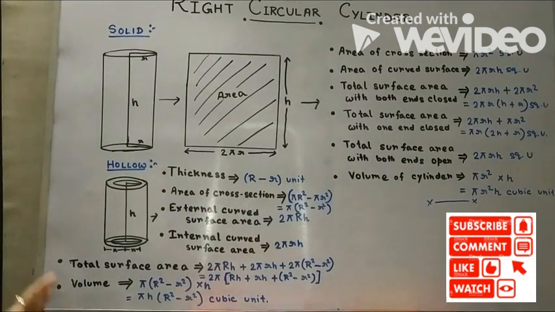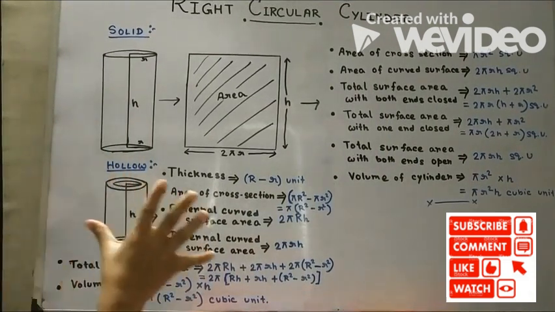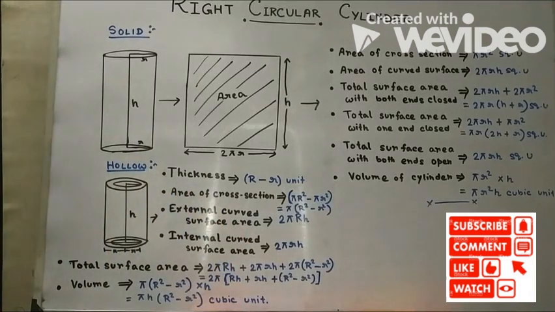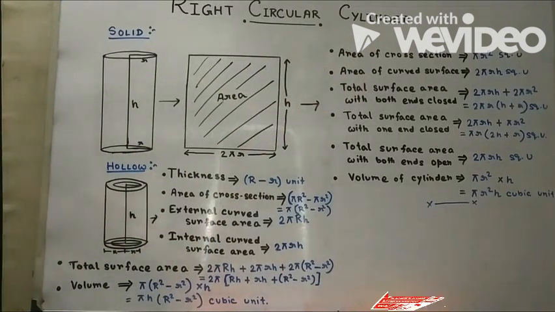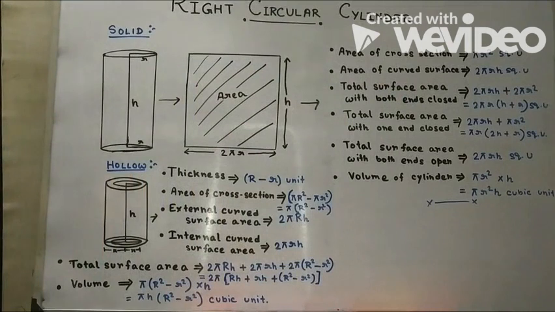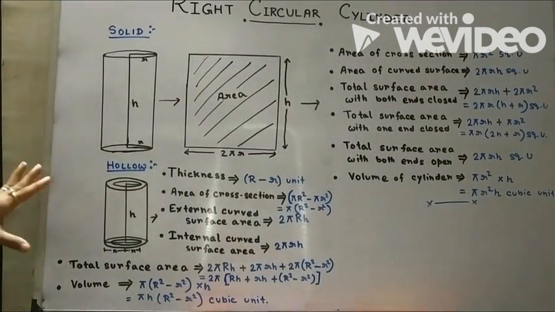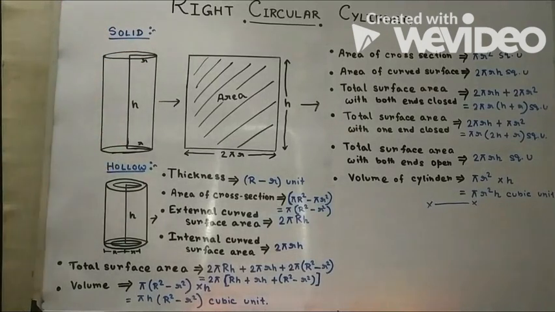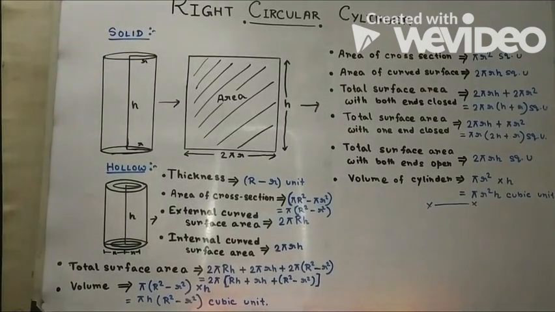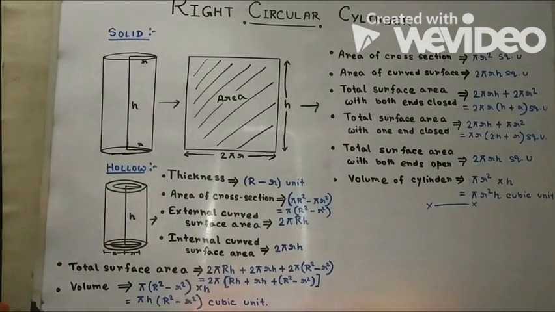Now in this class we are only talking about the right circular cylinder. What does right circular actually mean? A right circular cylinder means the cylinder has both ends similar to each other, or we can say they are congruent to each other.